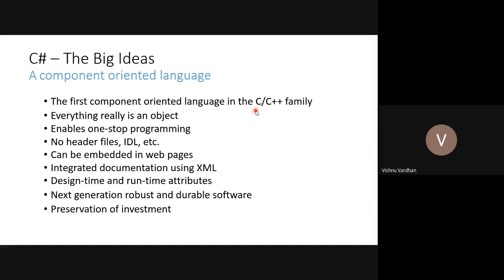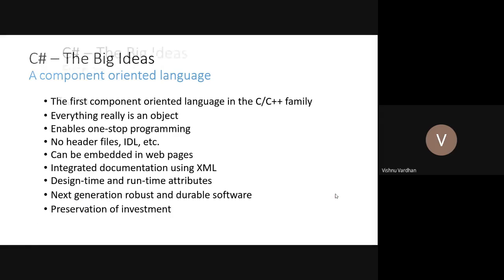So they have to be properly tested and worked out. Otherwise, it's not a smooth affair. But whereas if you are writing in C sharp, so many things are taken care of, and you are saved of your effort, cost, and time, with preservation of the investment.